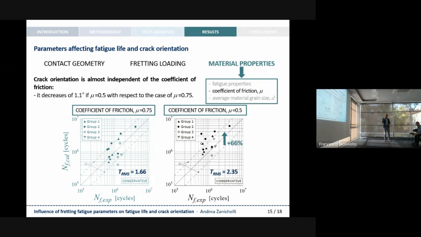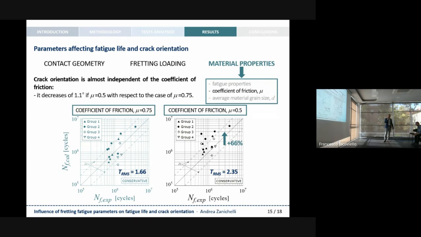In this slide, we can see the influence of the coefficient of friction on the fatigue life computed by means of this methodology. In light green on the left, you can see the reference case, that is the results I showed some slides before, related to a coefficient of friction equal to 0.75, whereas on the right, we have the fatigue life computed by considering a friction coefficient of 0.5, and we have an increase of about 66% in terms of fatigue life.